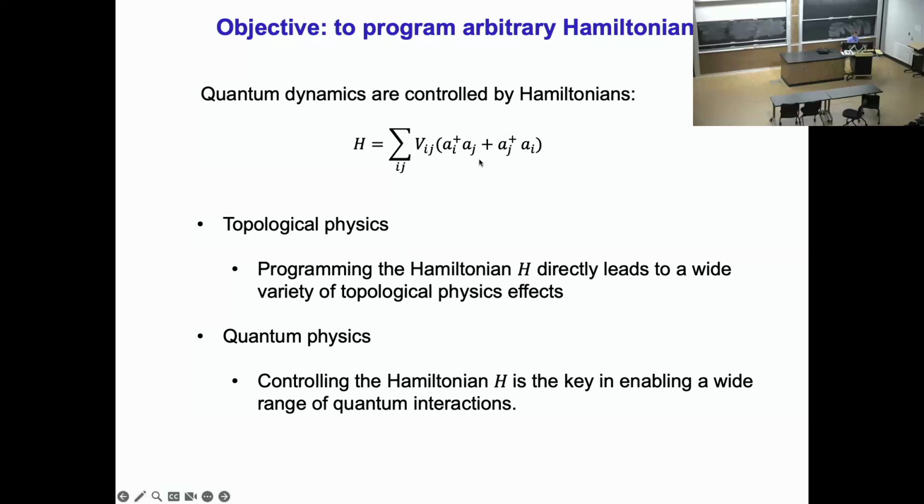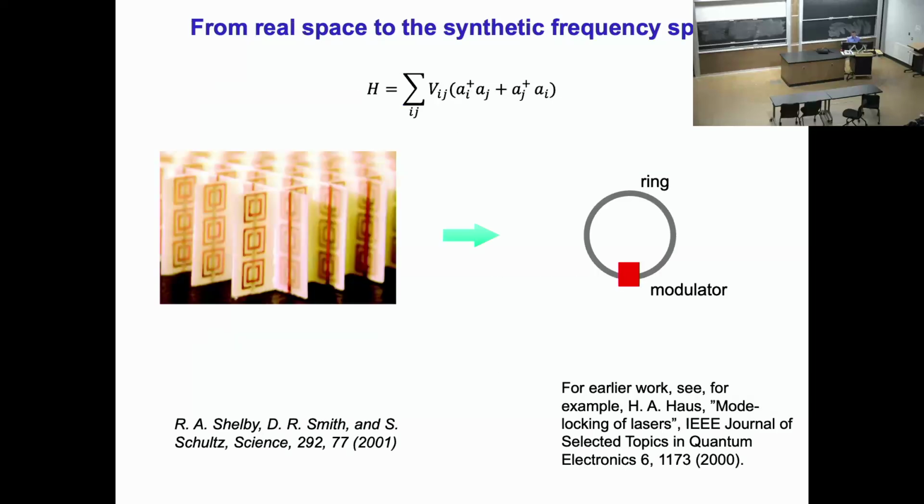Now this is a non-interacting Hamiltonian, but controlling this is also very important in enabling a wide range of quantum interactions. So in photonics, in fact, many of the photonic designs can be thought of as trying to program this Hamiltonian as well.